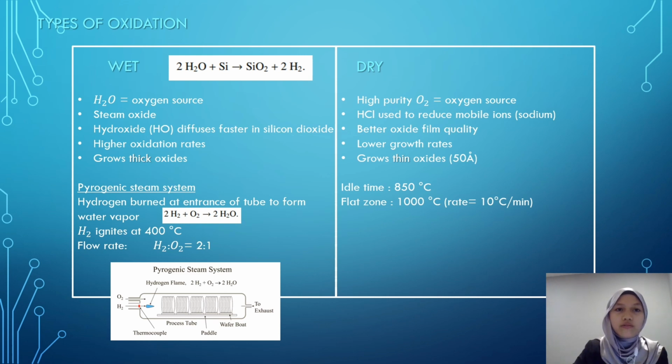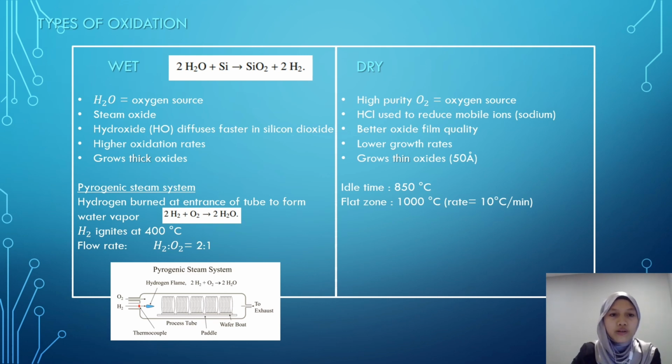There are two types of oxidation, wet and dry. For wet oxidation, water is used as oxygen source, and the oxide is called steam oxide. In high temperatures, water will dissociate into hydroxide, which diffuses faster in silicon dioxide. So, wet oxidation has a higher oxidation rate, and it is used for growing thick oxide.